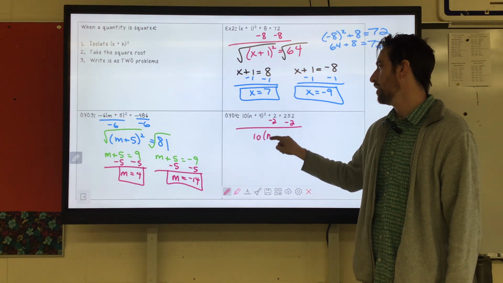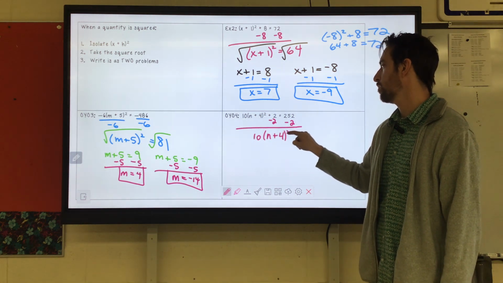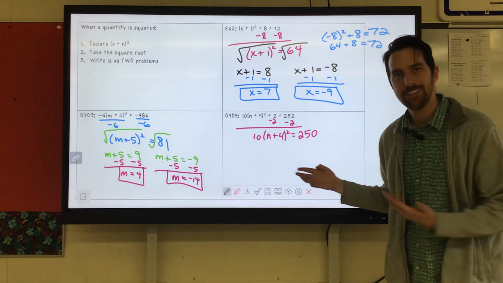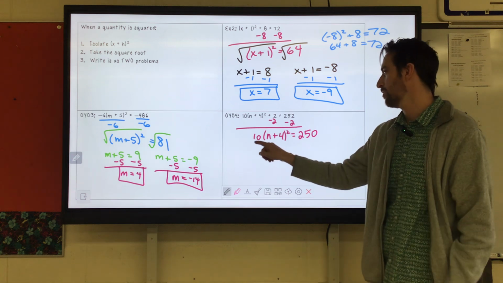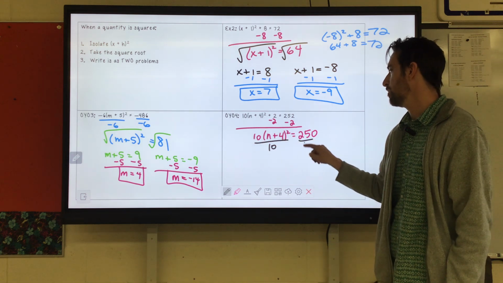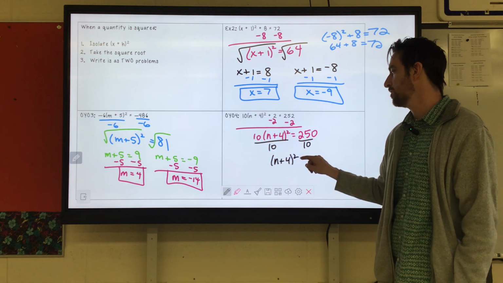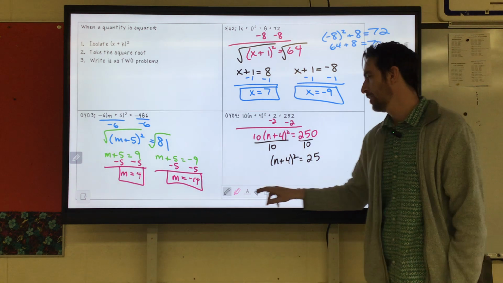10 times n plus 4 squared equals 250. Now you gotta get rid of that 10 out in front. It's 10 times stuff. So we'll go ahead and divide both sides by 10. N plus 4 squared. This comes out to 25.